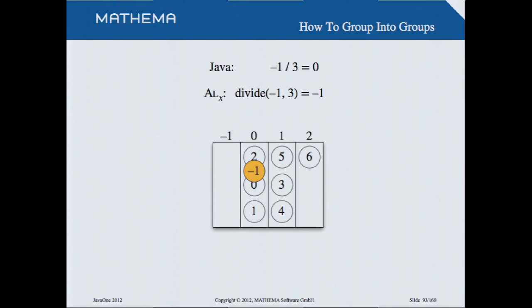Because -1 divided by 3 is also 0 because it's 1/3. 1/3 rounded to 0 means 0. And so we have in the 0 bucket too many elements. This is wrong. And this leads to errors if you have negative numbers. And I didn't want to do it. So I simply said, okay, I will have the proper function.